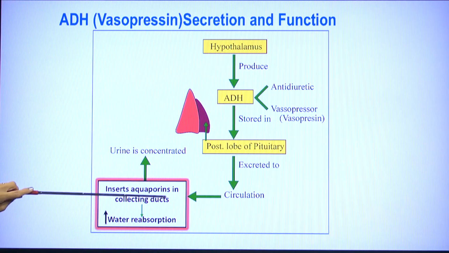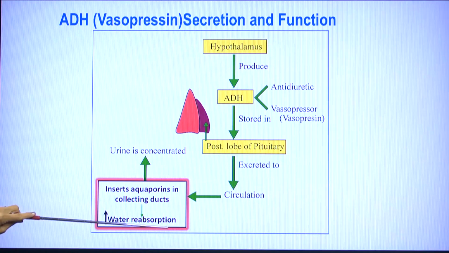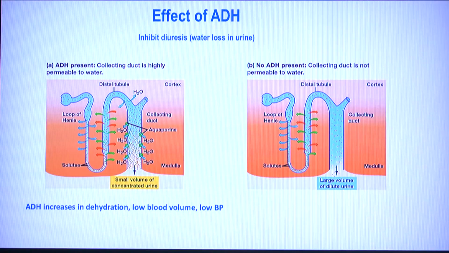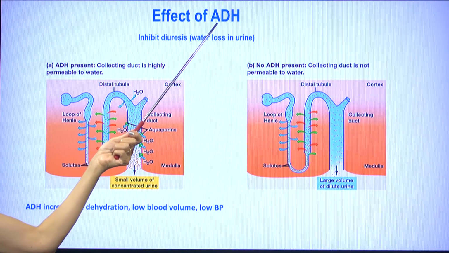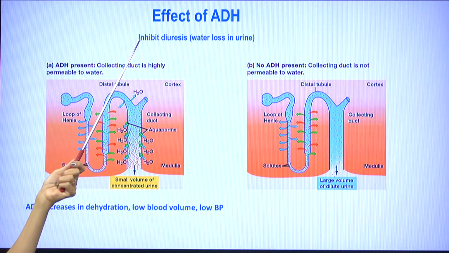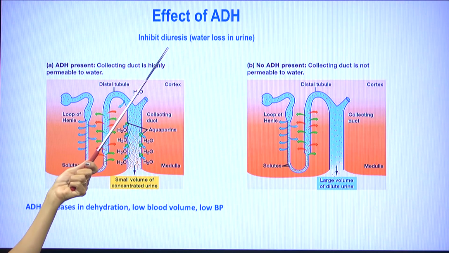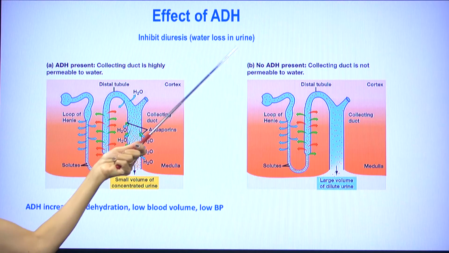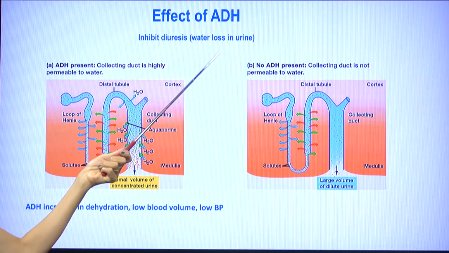It will insert the aquaporins in the collecting ducts. This will increase water reabsorption and return water back to the blood. The word antidiuretic means it is going to inhibit diuresis, and diuresis is water loss in the urine.